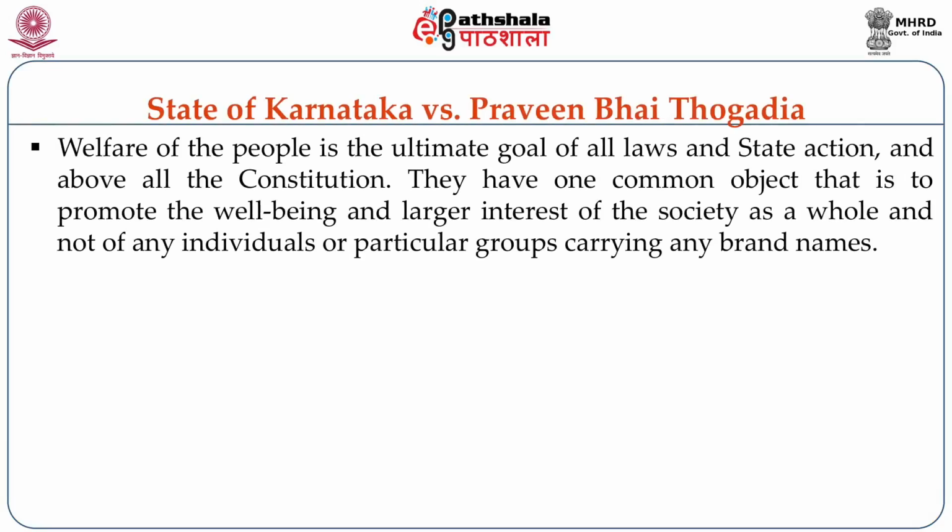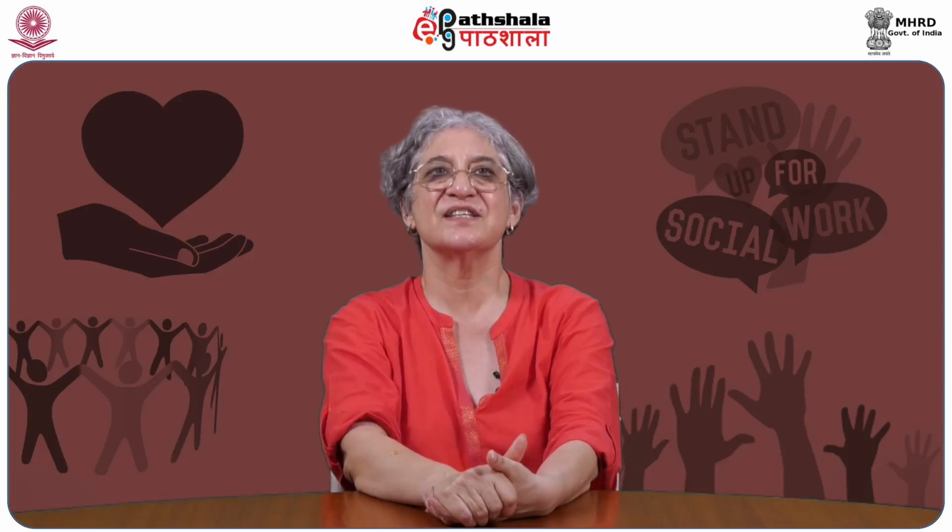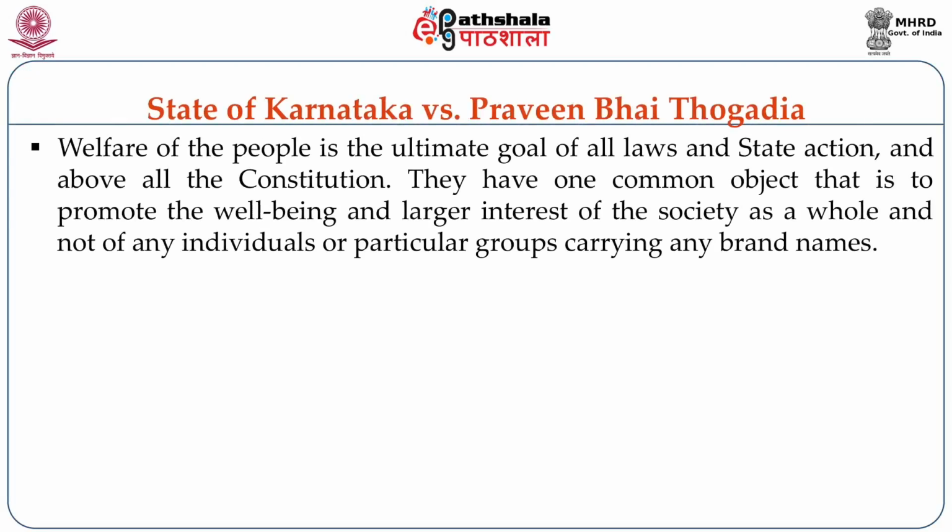State of Karnataka versus Praveen Bhai Thogadia. What did the Supreme Court have to say in this judgment regarding social justice? Welfare of the people is the ultimate goal of all laws, and state action and above all the Constitution, they have one common object, that is to promote the well-being and larger interest of the society as a whole, and not of any individuals or particular groups carrying any brand names.